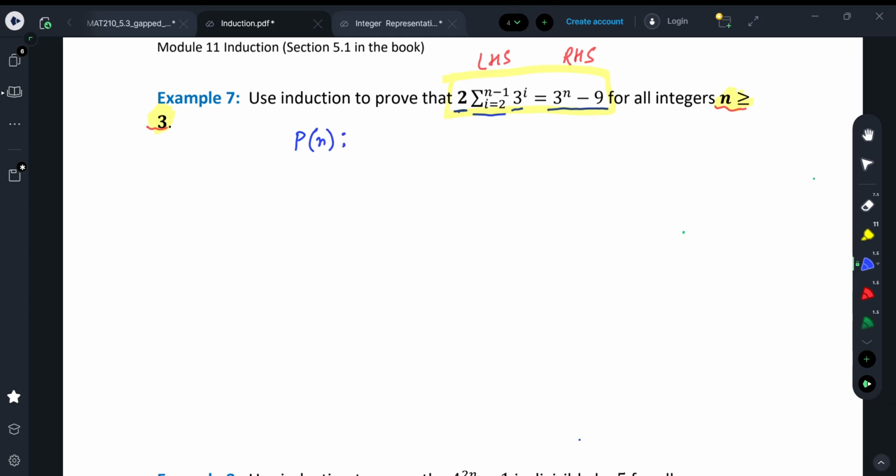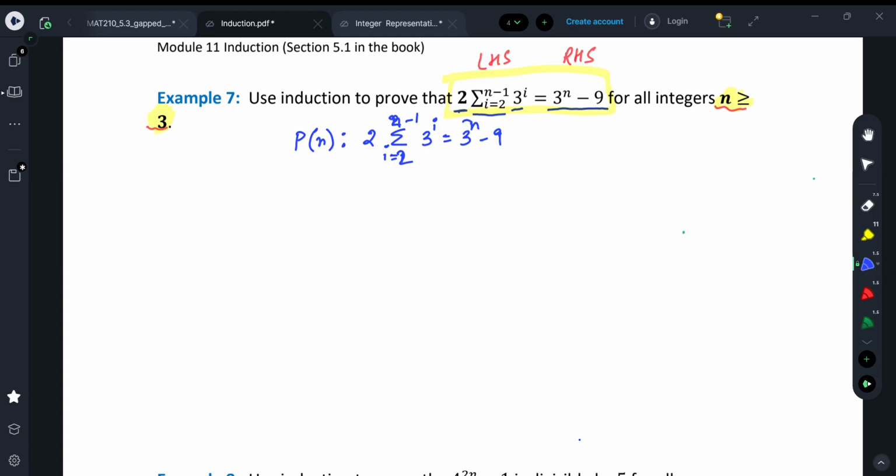P of n, it's a predicate function, so I'm going to copy the left hand side, which is the summation going from i equals 2 all the way up to n minus 1, 3 to the power i. I'm just copying down the question again. Okay, so that's just the statement.